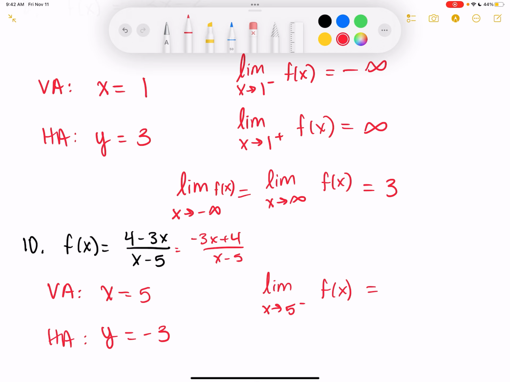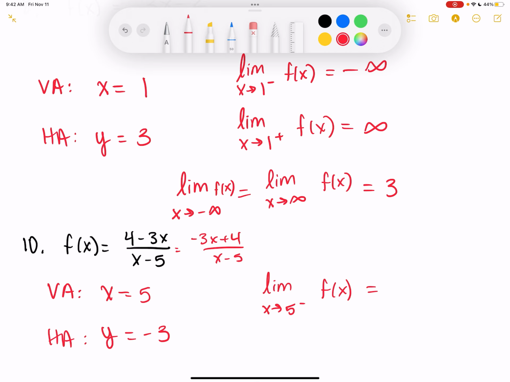So 5 from the left is 4.999. Wait, from the left, 4.9. It'd be 4.